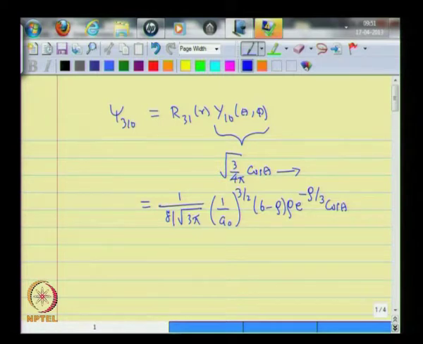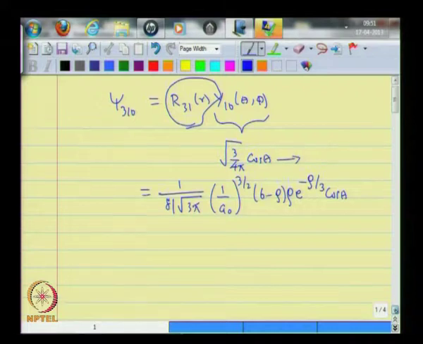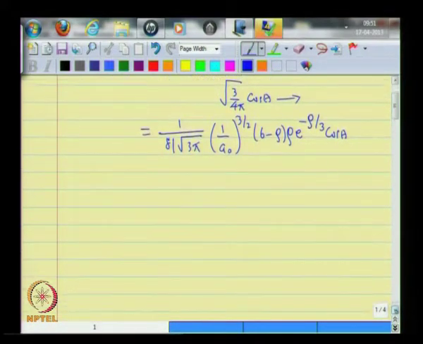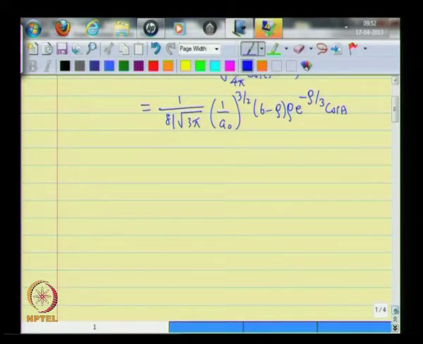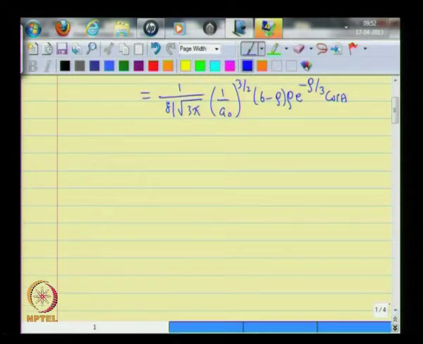And we shall now make a plot of this R31 against the distance from the nucleus. What we are essentially going to do is look at this part and make a plot of it against rho, or equivalently against r.